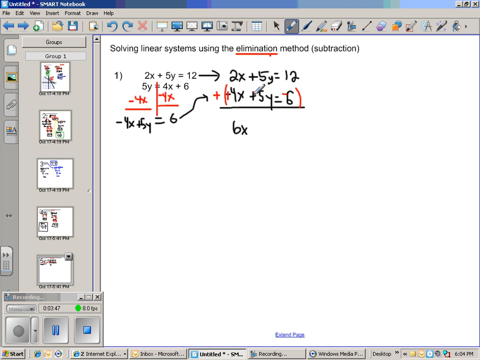Then you have 5y plus negative 5y. Well, those are going to cancel out, leaving the y's to disappear or become eliminated. Then we have 12 plus negative 6. Well, 12 plus negative 6 is 6. And now we're left with a one-step algebra problem.